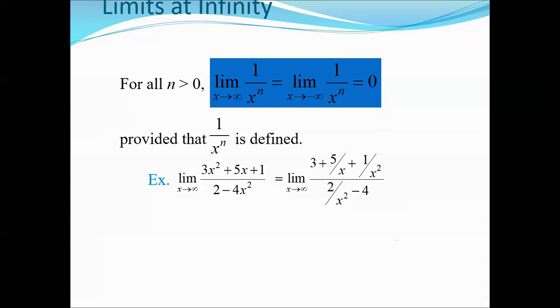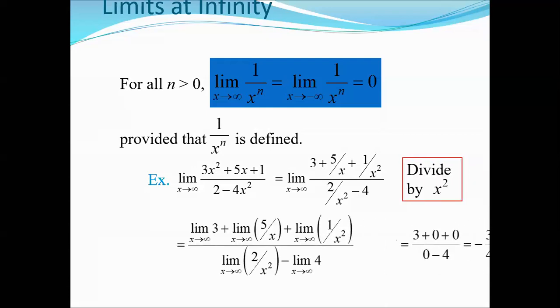When x tends to infinity, 5 by x tends to 0, 1 by x square again tends to 0, and 2 by x square is again 0. Here we divided by x square, or simply take x square common and cancel. Applying limit to all the terms, limit of a constant is always the constant.